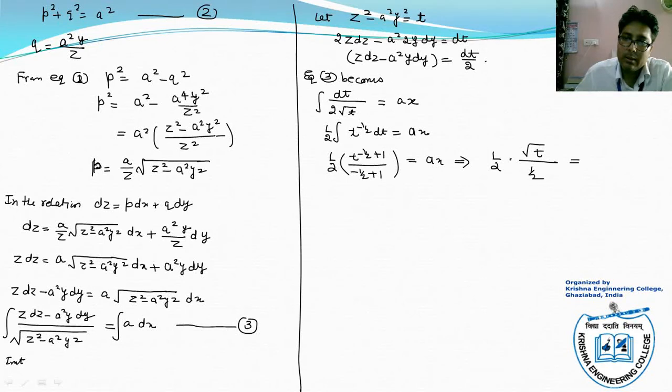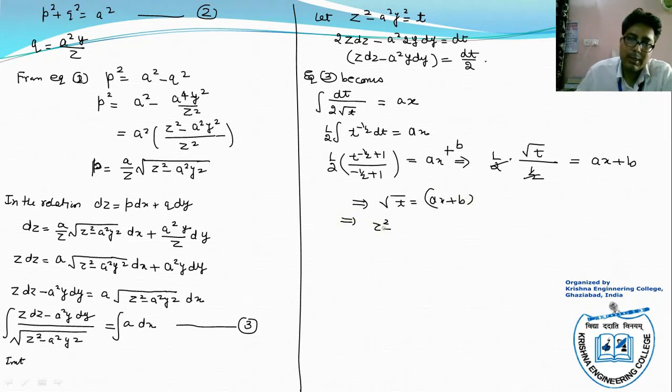Now take the constant of integration b on the RHS. The constant of t is ax plus b, right? On cancelling, we get under root t is equal to ax plus b. Now put the value of t. The value of t is z square minus a square y square, under root, is equal to ax plus b.